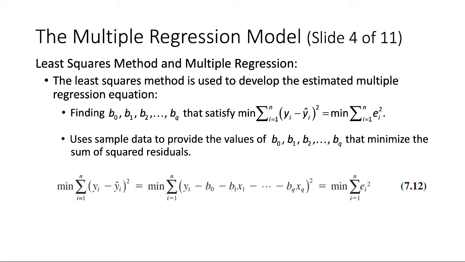That is, we want to find the regression equation that minimizes the sum of squared residuals. That is the squared deviation between the observed values of the dependent variable and the estimated or predicted value of the dependent variable. In other words, actual values of y subtract predicted values of y.